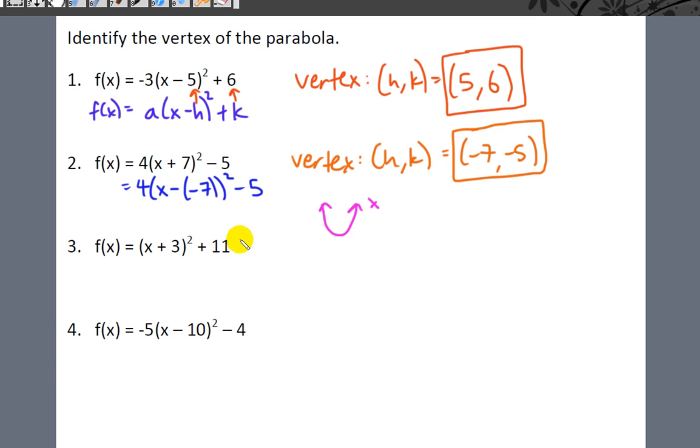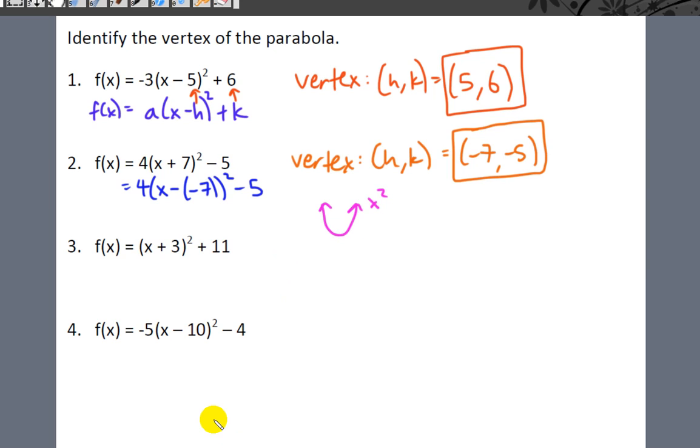And then this will be vertically stretched by a factor of 4. So if this was 0, 0, this would be -7, -5. That's what it would look like.